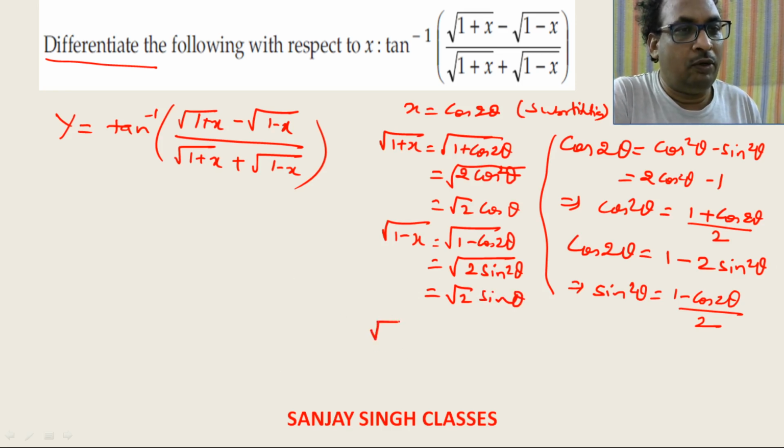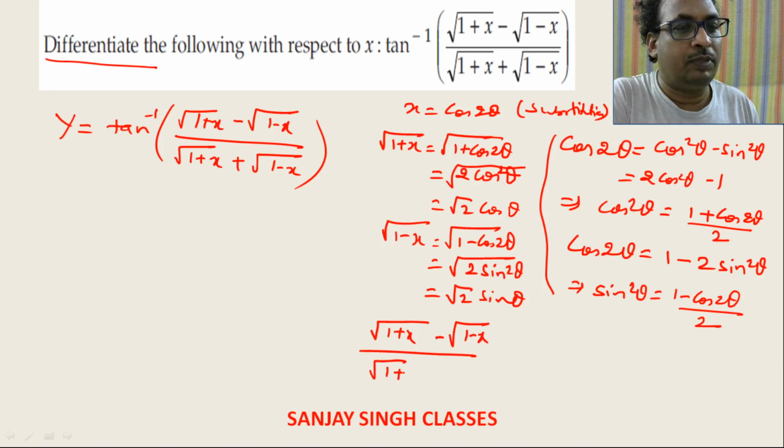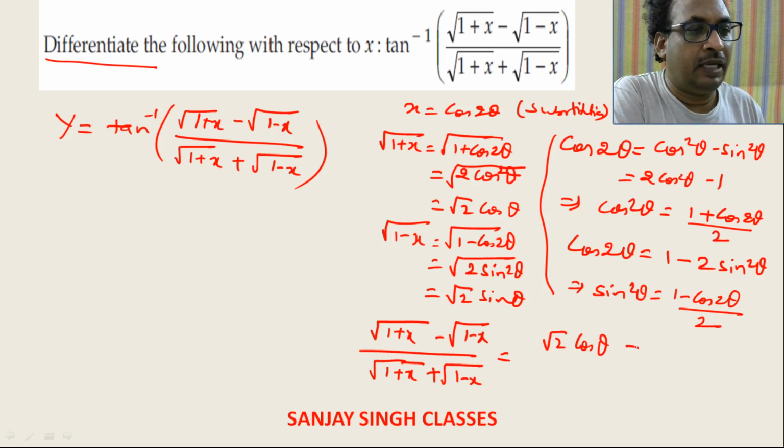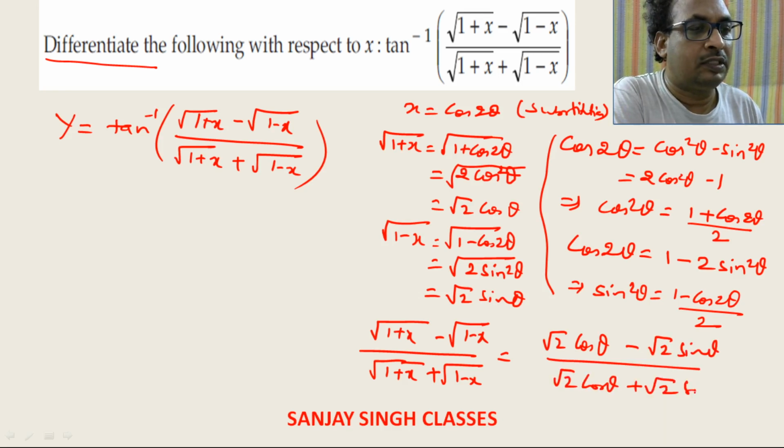Putting root 1 plus x minus root 1 minus x, divided by root 1 plus x plus root 1 minus x, we get root 2 cos theta minus root 2 sin theta, divided by root 2 cos theta plus root 2 sin theta.